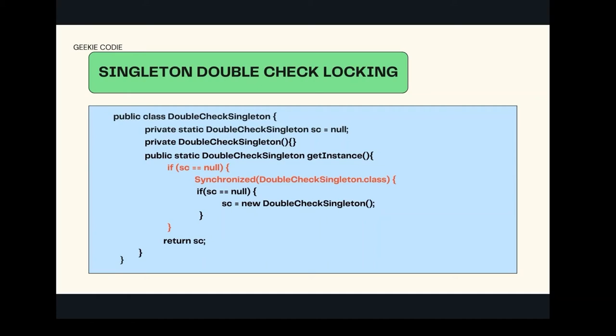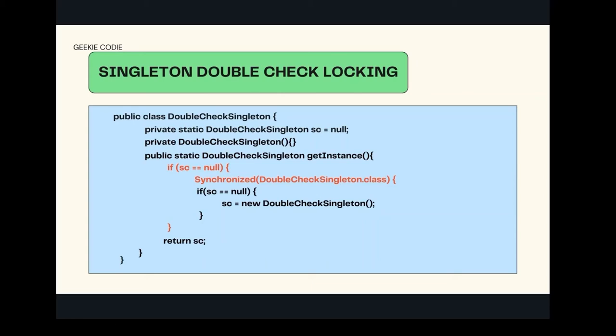Inside the synchronized block, we again check whether the object variable is null or not. It is not null, because we have already created the object with the first thread, so it will exit the if condition and return the same object created by the first thread. And if we have another thread, thread 3, that comes after the first thread completes execution inside getInstance, it checks the first if condition.